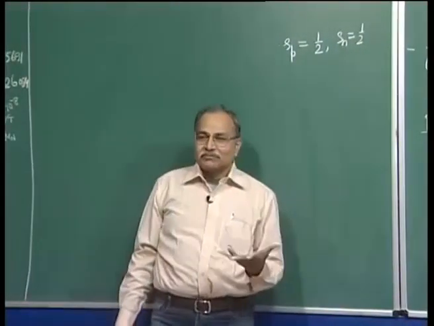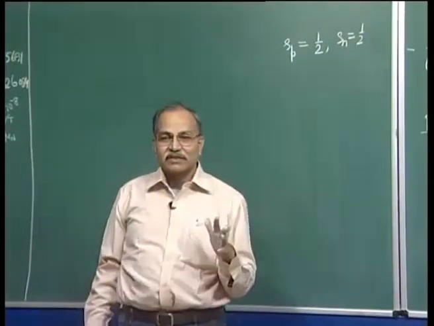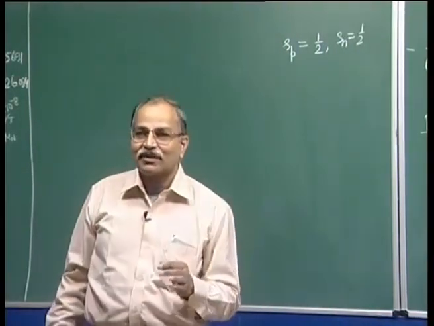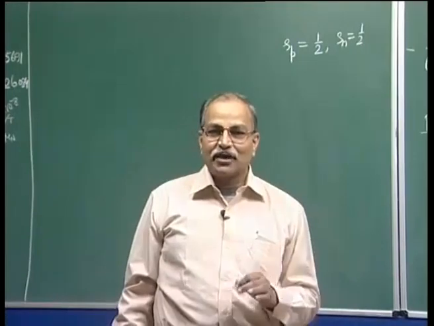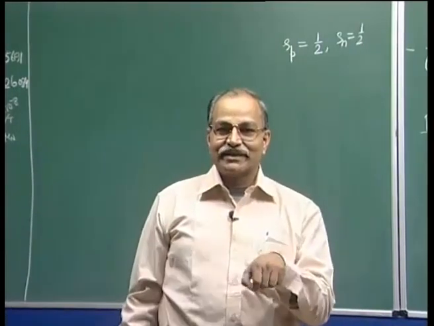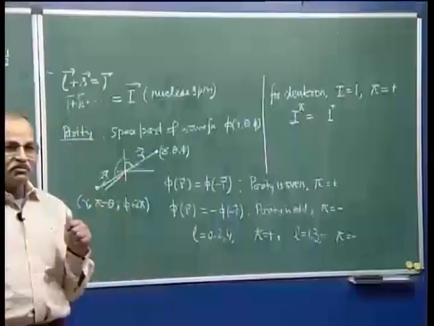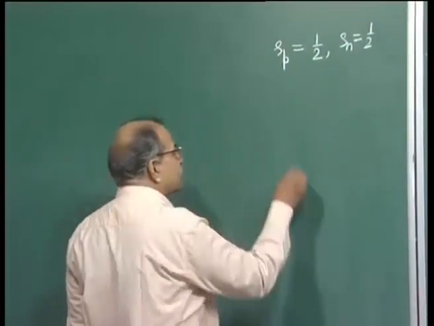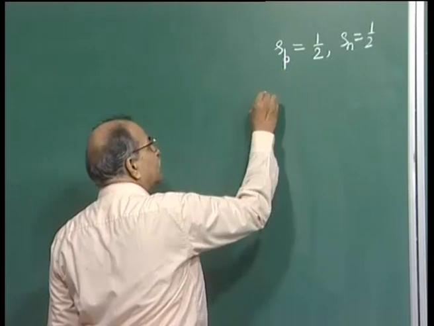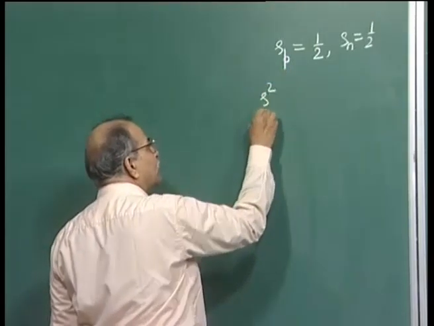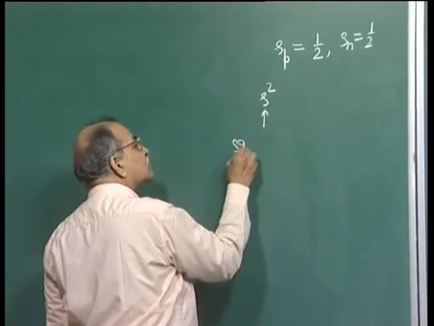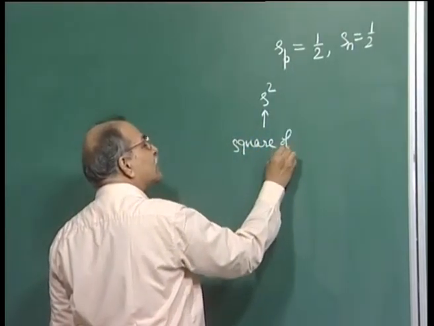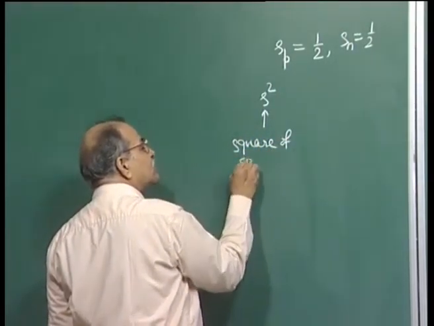Any proton in the whole universe, any neutron or any electron, they are all spin half particles. Spin half particles means that quantum number S is half, but this corresponds to different states. If you look at the square of the angular momentum, square of the spin angular momentum, this is a physically measurable quantity.